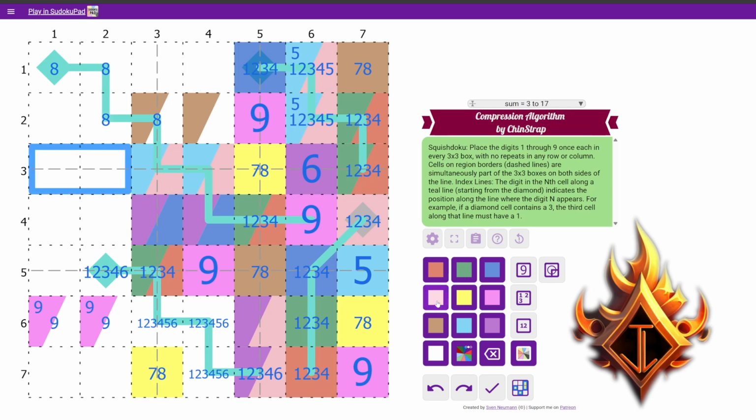Light pink must be up here. A 9. And that's gonna do it for light pink. Bright pink I meant. Light pink still has some places to see.